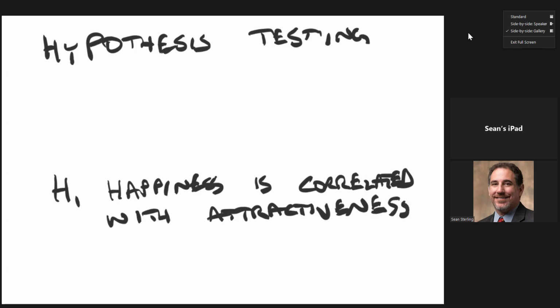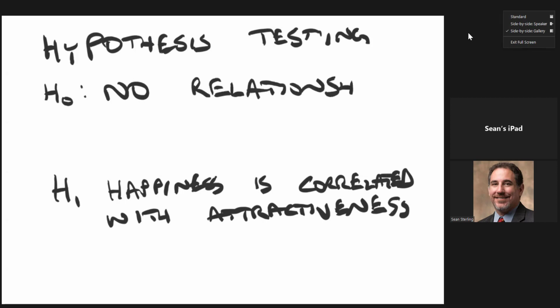Now, the thing about science is we always have the null hypothesis, which is basically just think of it as being the status quo. Before we do our research and we don't really know the answer, then we would start with the idea that there is no relationship between our two variables.